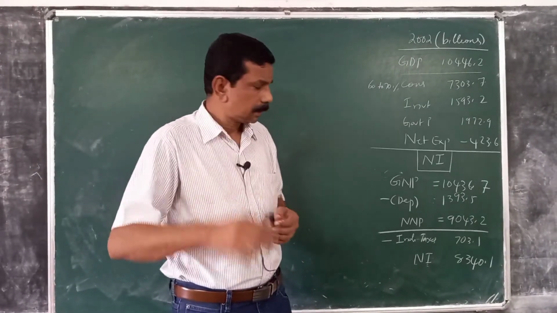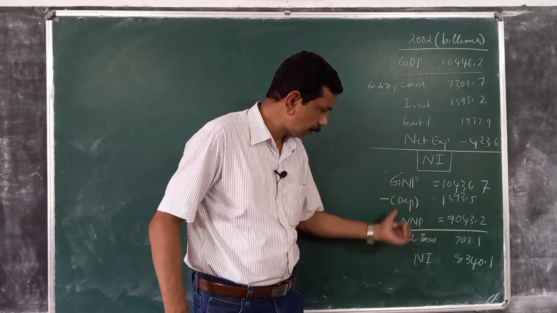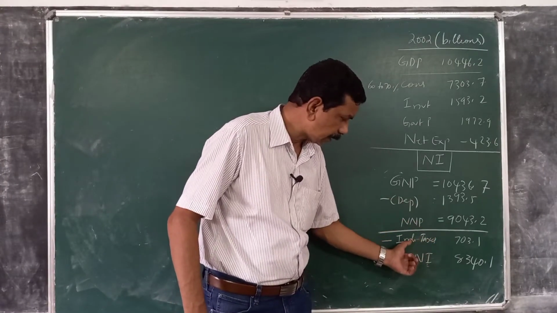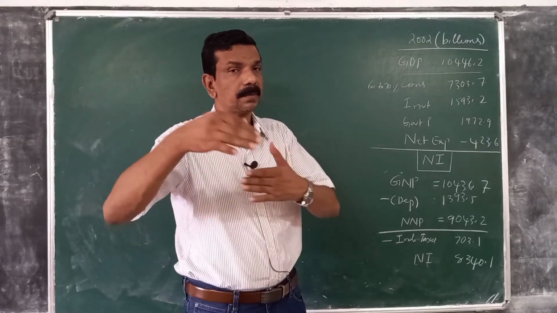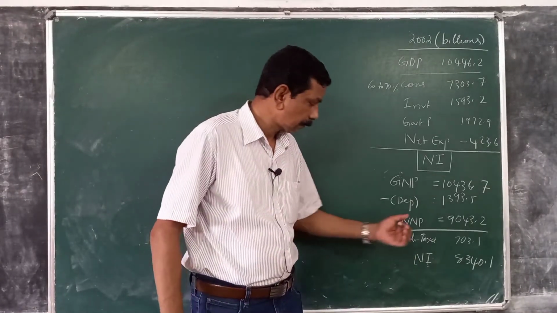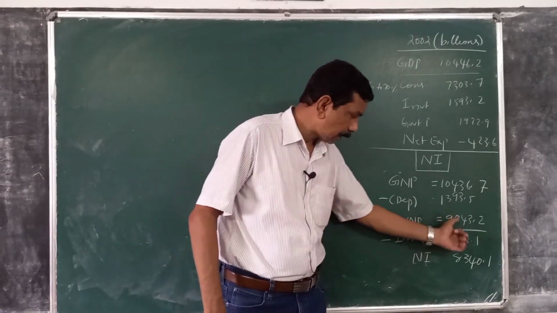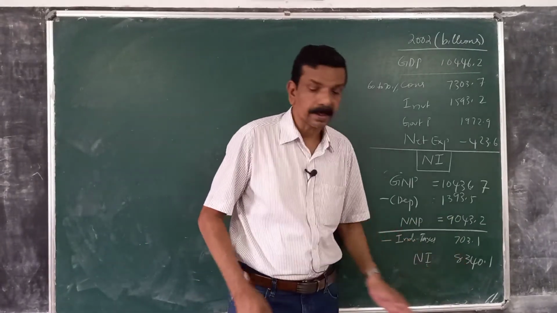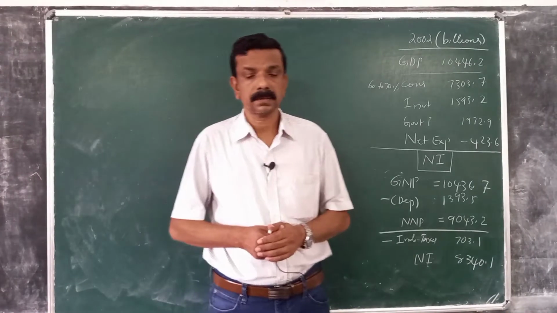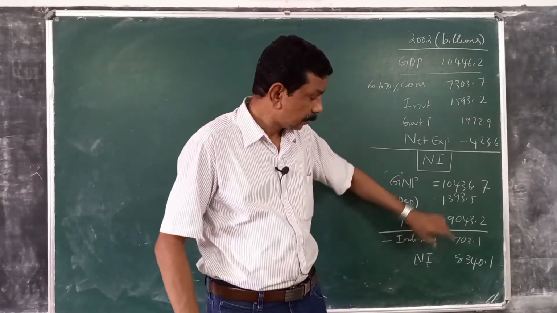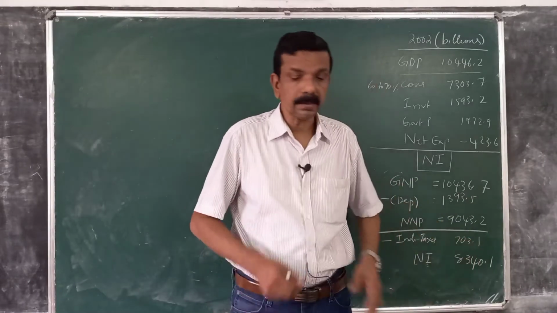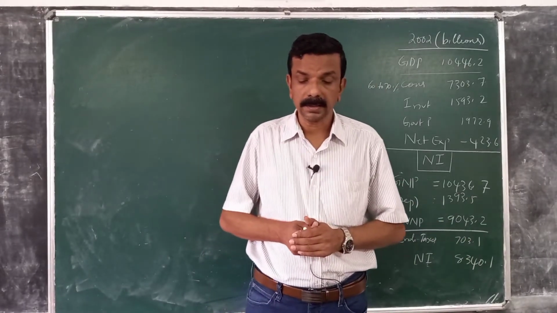But remember this, the difference between national income and NNP is indirect taxes. And as we have discussed in a previous class, NNP is evaluated at market price, national income is evaluated at factor cost. That is the difference.